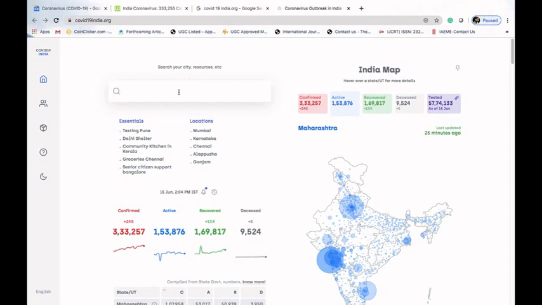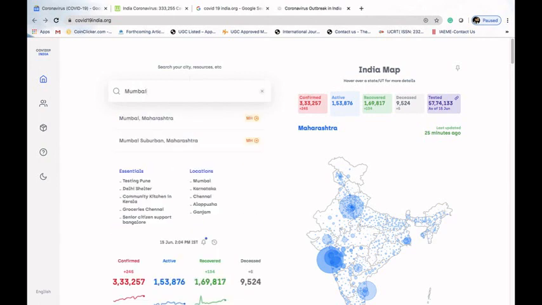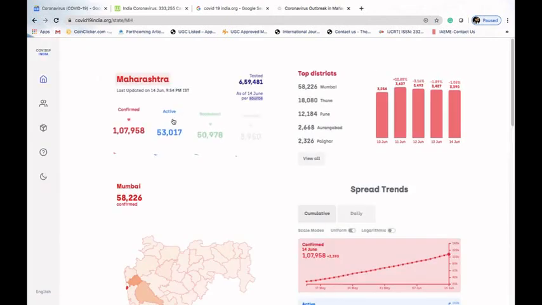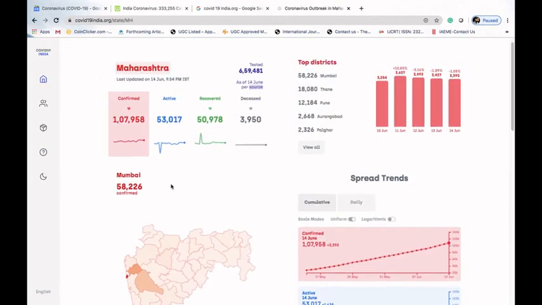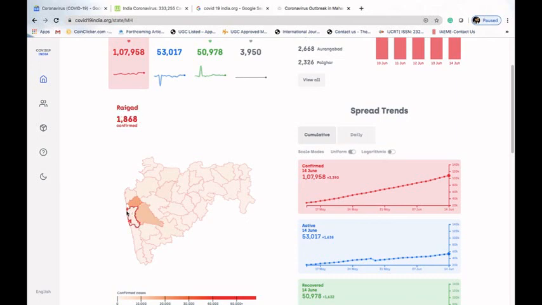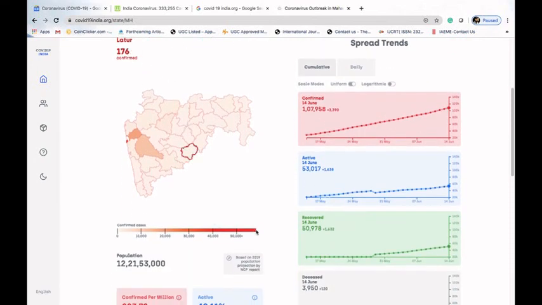Suppose now I want to get certain information about a specific city. So this is giving us data about Mumbai, Maharashtra. If we click on Mumbai, Maharashtra, this is the information. We will get the map. This red dot is Mumbai, and Mumbai has so far confirmed 58,226 cases.